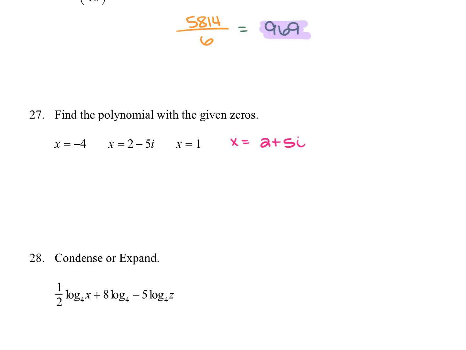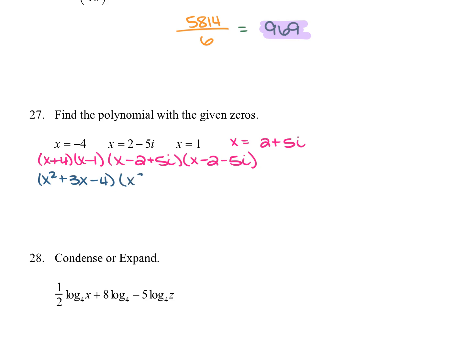You are going to multiply x plus 4 times x minus 1, and then you're going to multiply x minus 2 plus 5i times x minus 2 minus 5i together as well. Your x plus 4 times x minus 1 is going to give us x squared plus 3x minus 4. Your x minus 2 plus 5i times x minus 2 minus 5i gives us x squared minus 4x plus 29.